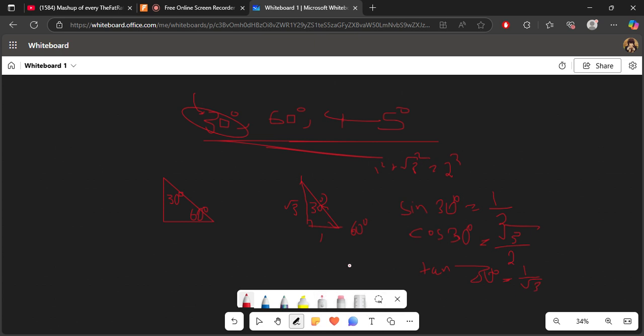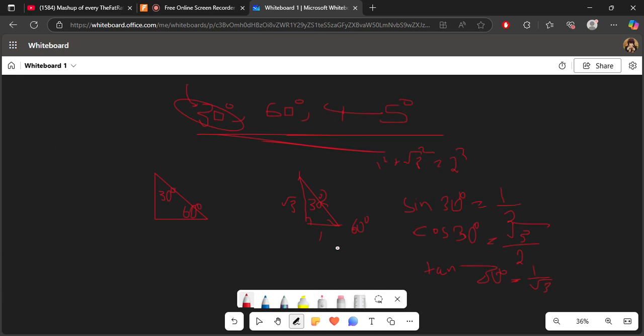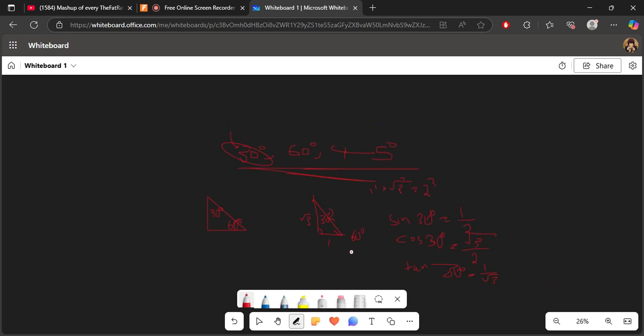Then when we look at 60 degrees, the sine of 60 degrees will be the opposite over the hypotenuse, giving us square root of 3 over 2.